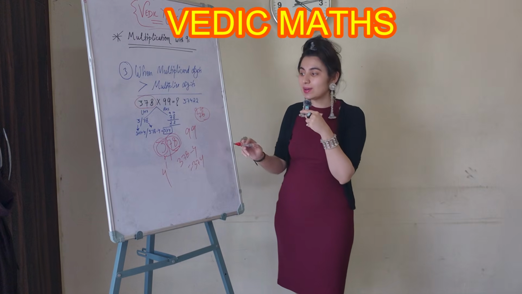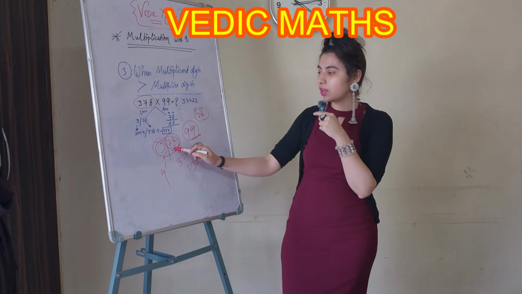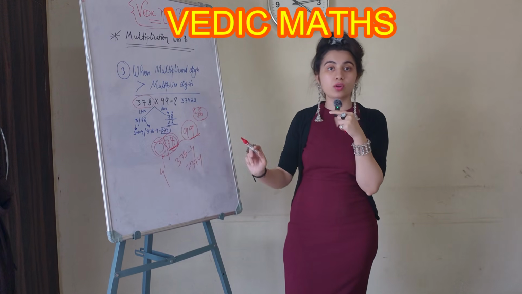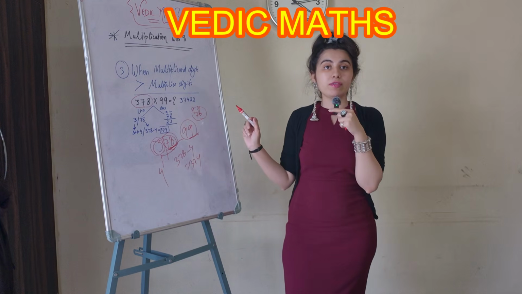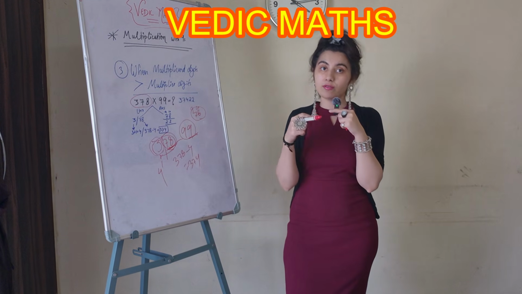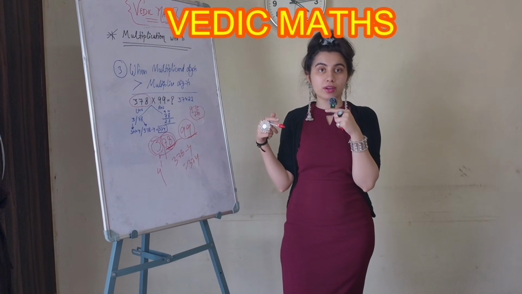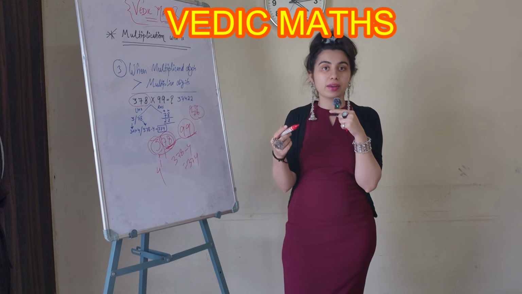Because here 99 is there, a 2 digit number, that's why we subtract 78, not 378. So 78: 9 minus 7 is 2, and 10 minus 8 is 2.